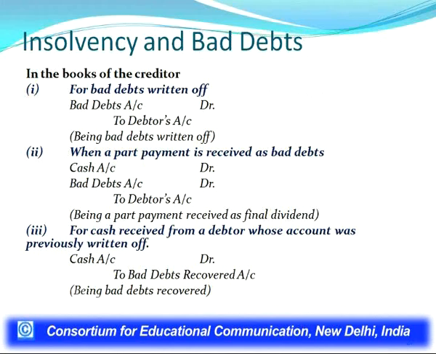For example, a firm or a person doing business has incurred heavy losses. His assets are only 50,000 while his liabilities are rupees 1 lakh. So, he cannot pay them in full. So, here he may be declared insolvent.